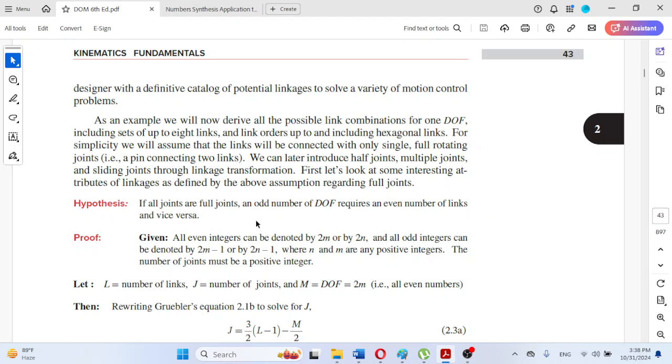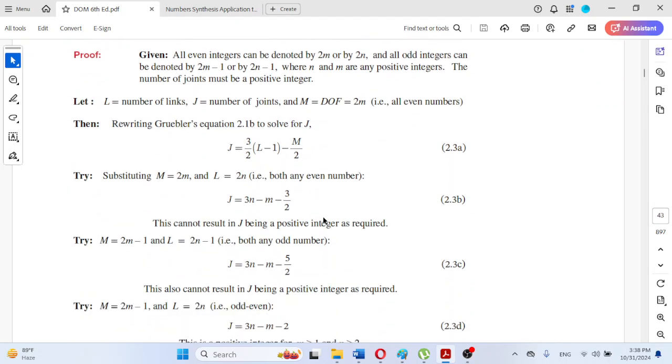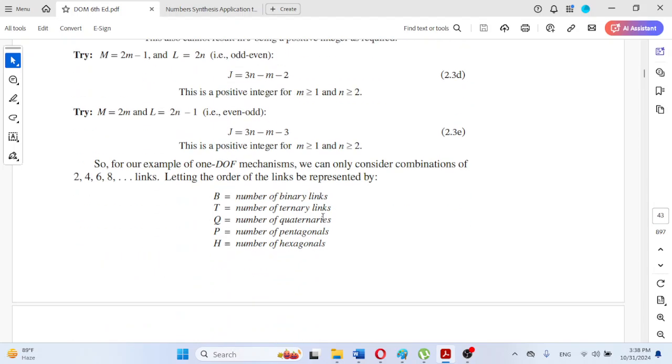Means if DOF is odd, then the number of links must be even, and vice versa. Means if the number of links is odd, then the DOF must be even. So in this way all these things have been explained in the class.